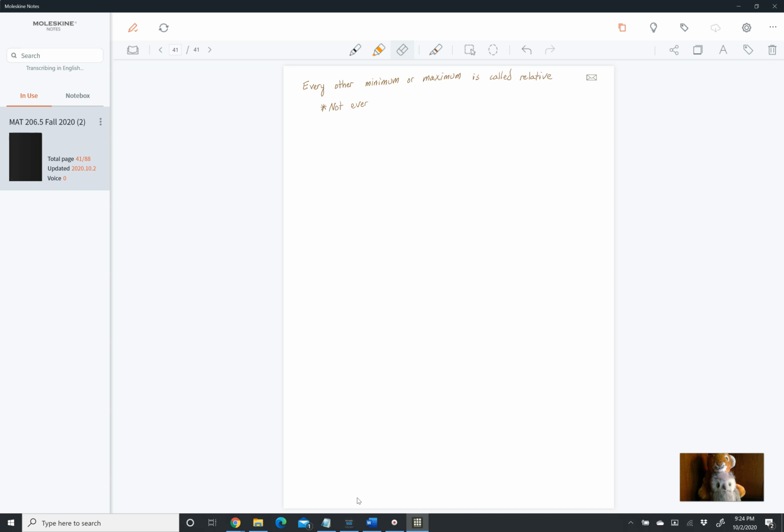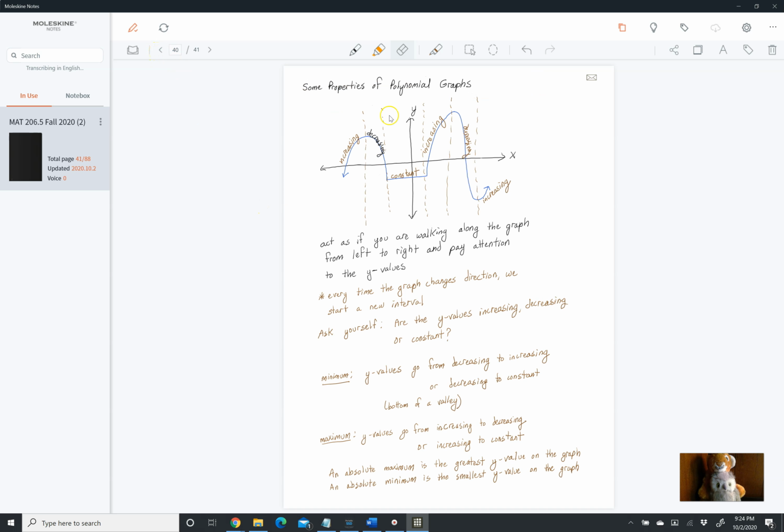And this graph that I drew here is going to be a great example of that. Okay, so let's go back to this graph. And let's take a look at the minimums and the maximums.